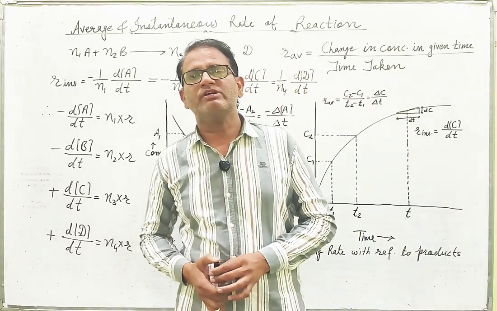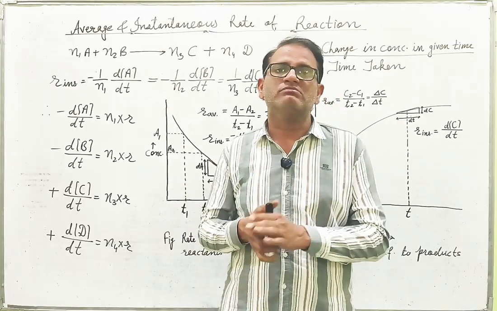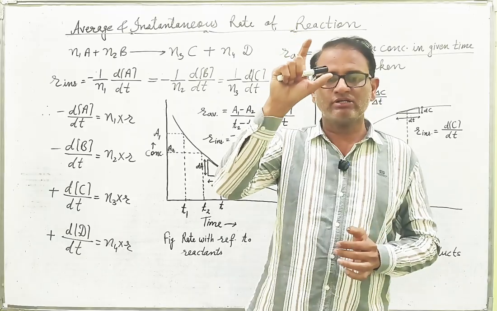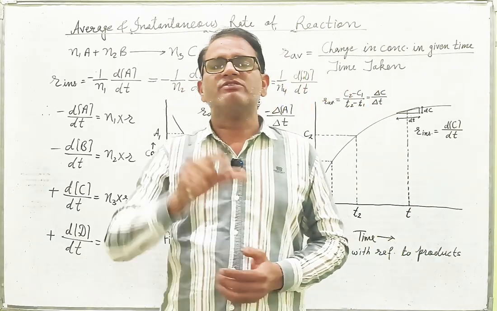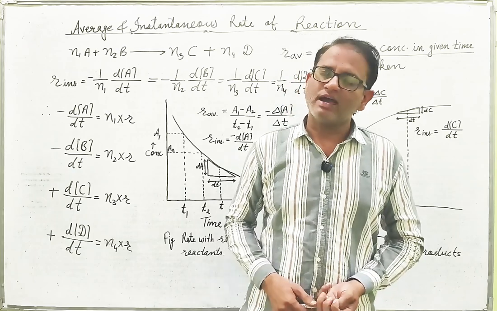Suppose we have to calculate rate of reaction at 10th minute or 600th second. So at that particular moment, what is the rate of reaction? That is what is called instantaneous rate of a reaction.